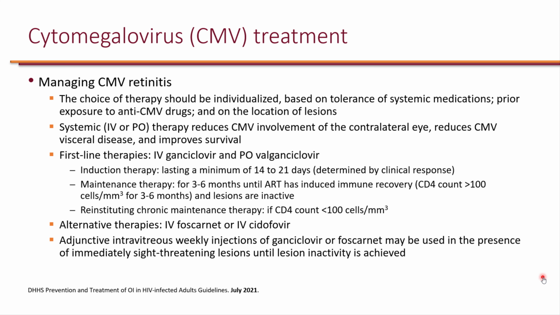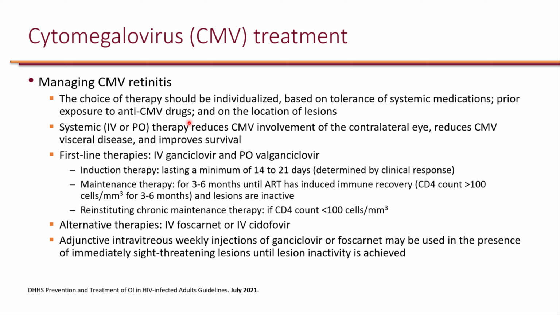Because retinitis is the most common CMV disease, we will focus on managing CMV retinitis. The choice of therapy should be individualized based on tolerance of systemic medications, prior exposure to anti-CMV drugs, as well as on location of lesions in the eye.